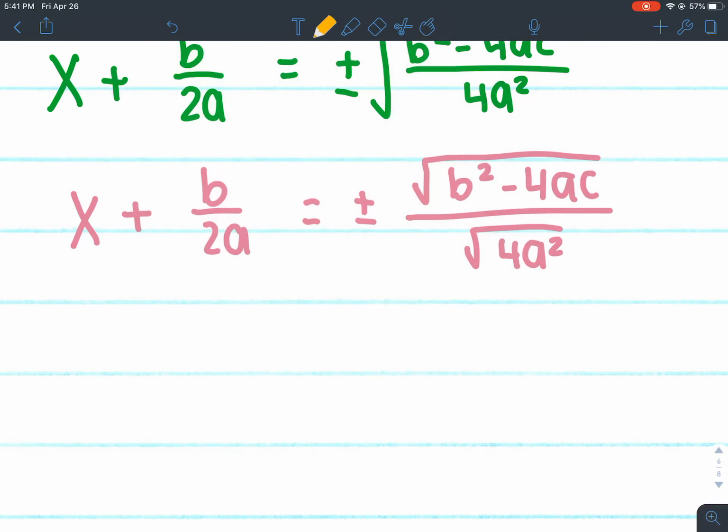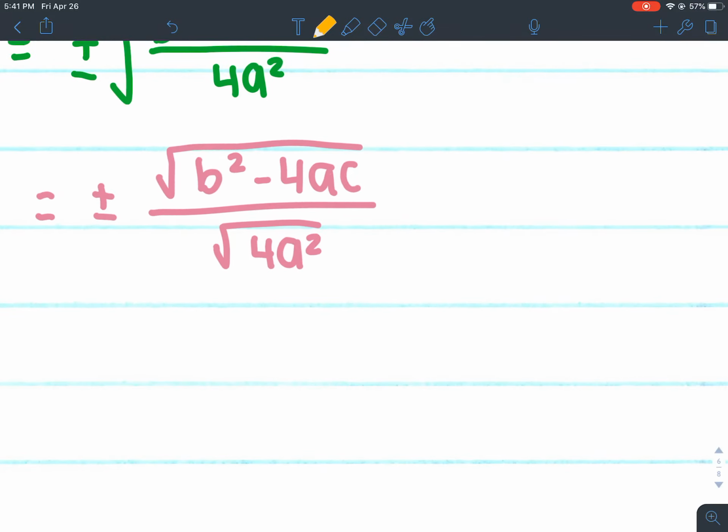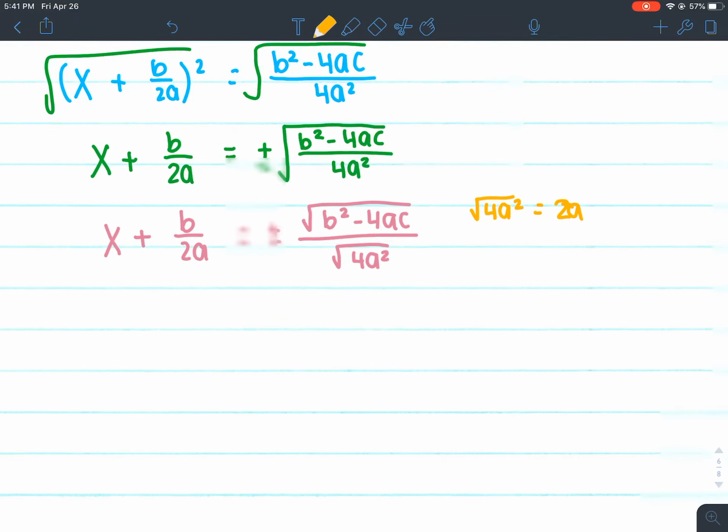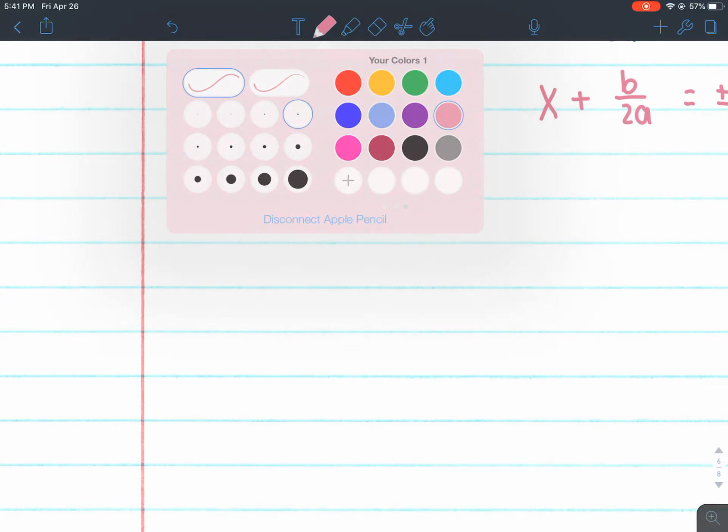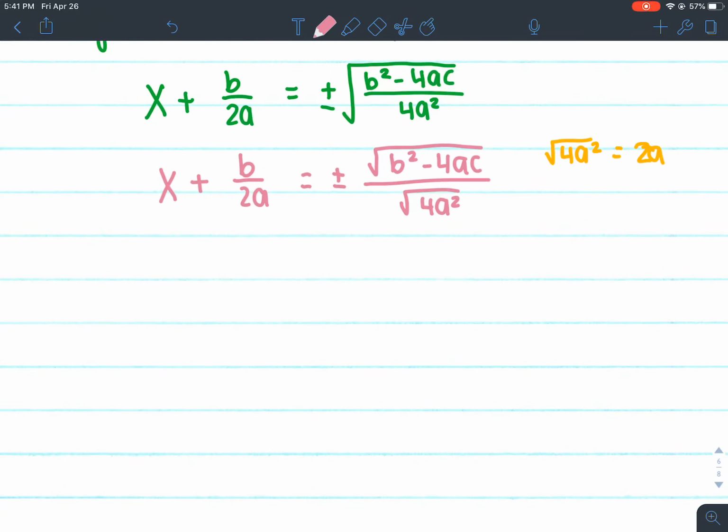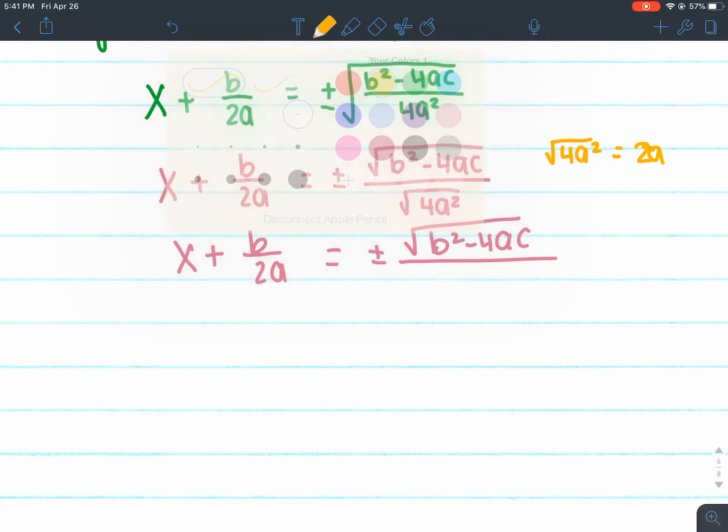Okay? Now, I can actually simplify this bottom one. I can take the square root of 4, and I can take the square root of a squared. So the square root of 4a squared is, whoops, not 4. It is 2a. Okay? Hopefully we're starting to see it take form here. So I have x plus b over 2a equals plus or minus the square root of b squared minus 4ac all over our 2a.